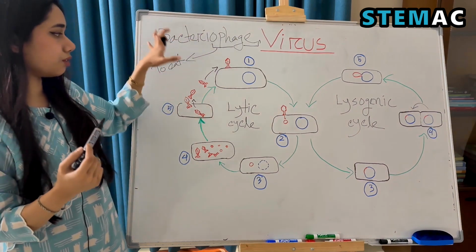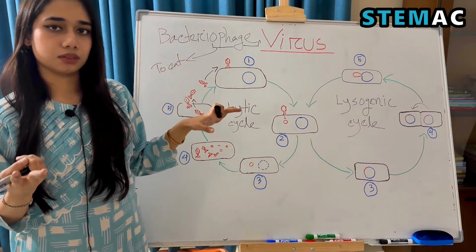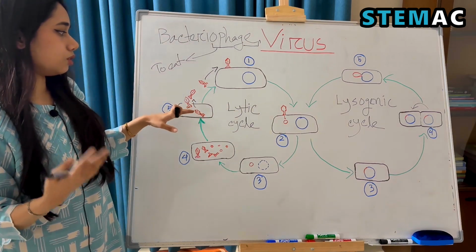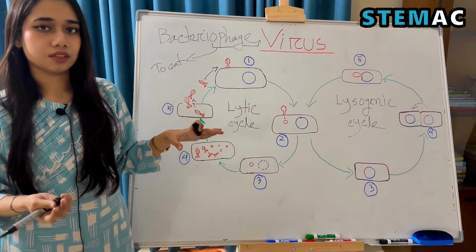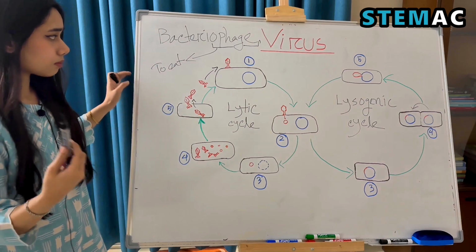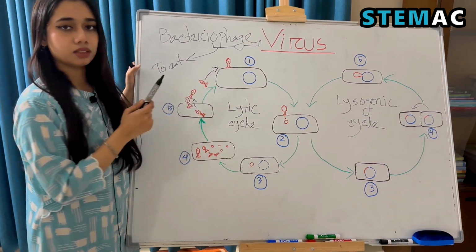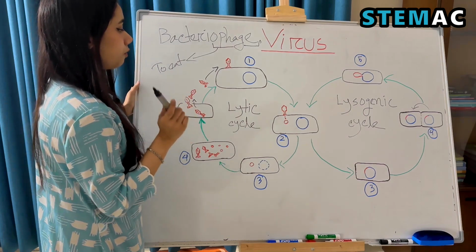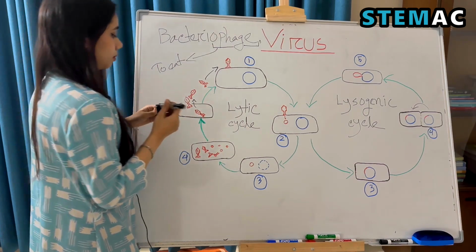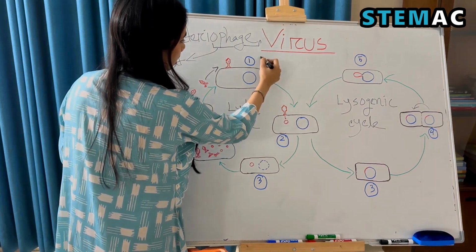And this bacteriophage uses two replication cycles to replicate itself and reproduce. Now the first cycle that we're going to talk about is the lytic cycle. The first step of the lytic cycle is the attachment step.